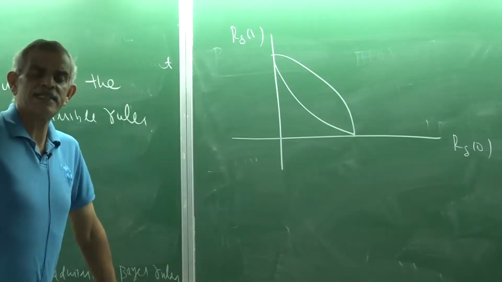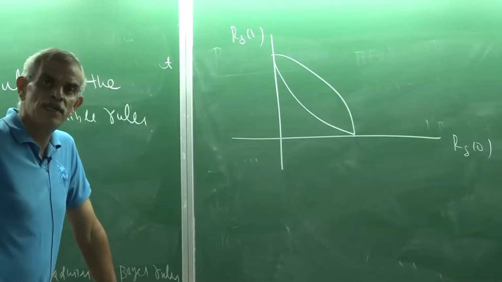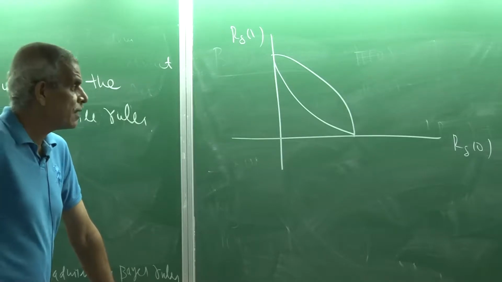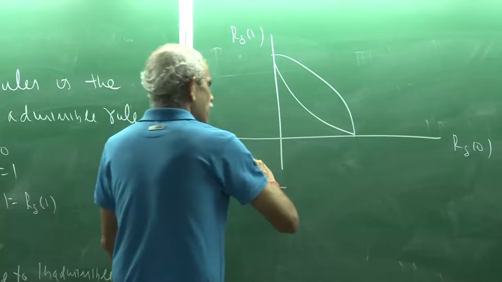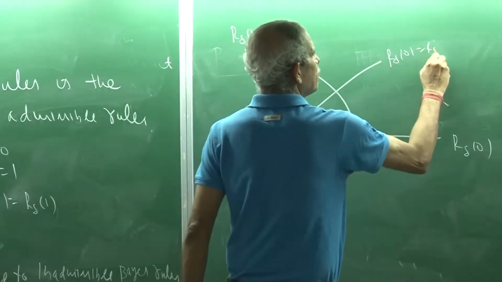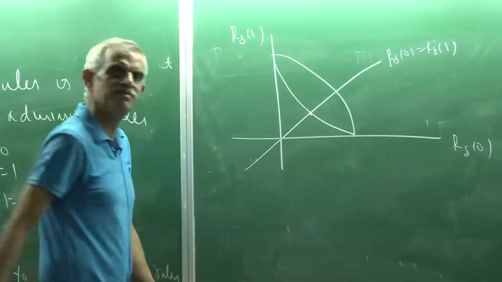So if I have to look at the minimax rule, the one for which the supremum is minimum, what I do is I draw the line R delta 0 is equal to R delta 1. So it looks like this should be a minimax rule.